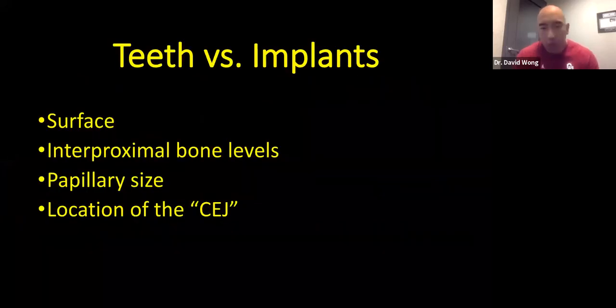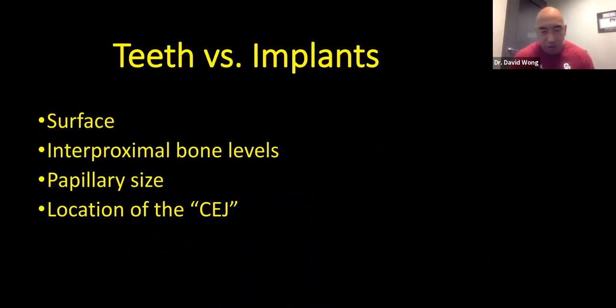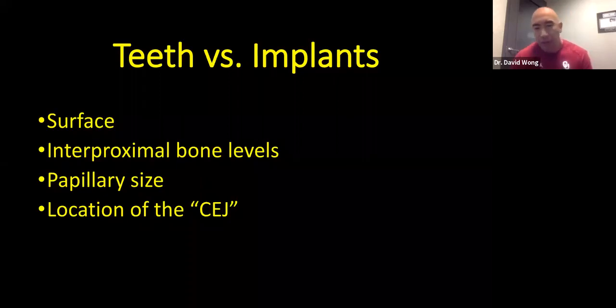So real quick, when we talk about soft tissue around teeth versus implants, I always have to remind people, grafting around implants is exponentially more difficult than grafting around teeth. Grafting on a tooth surface, for example, is way easier than grafting on an exposed titanium surface. Your interproximal bone levels around teeth are much more favorable compared to implants.